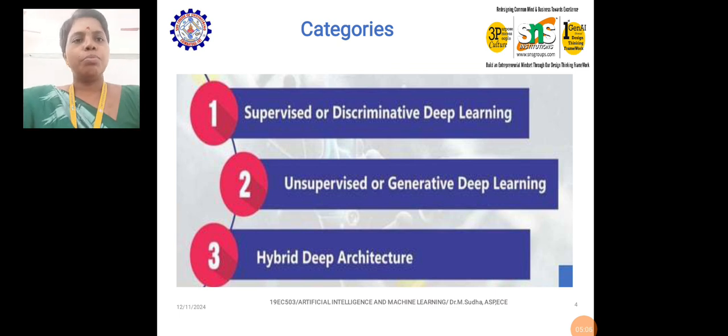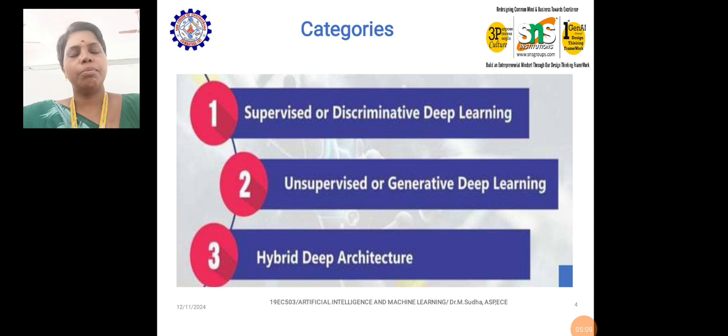Coming to unsupervised, without supervision the machine itself can analyze and be trained, and that's why its other name is generative, it generates on its own. The hybrid deep architecture consists of both supervised and unsupervised. Depending on what kind of application we have, we choose supervised, unsupervised, or hybrid deep architecture.